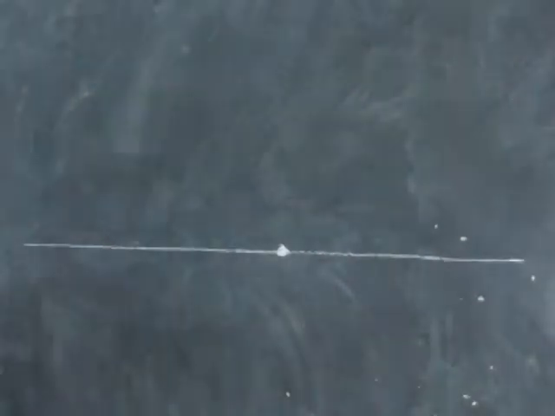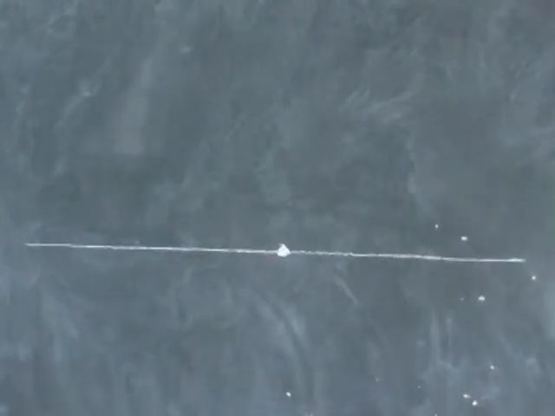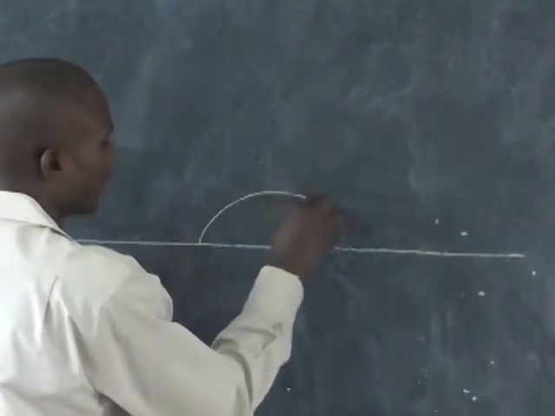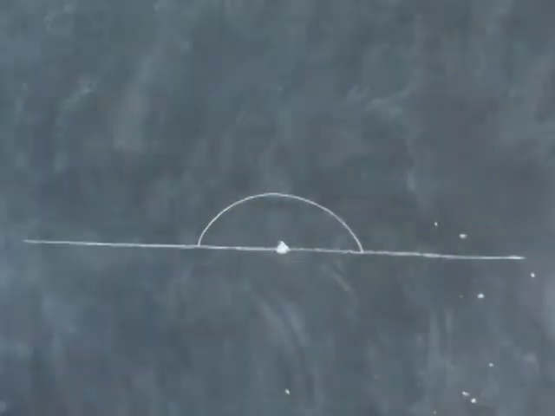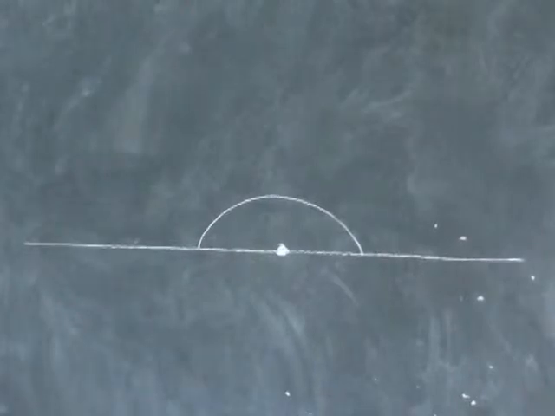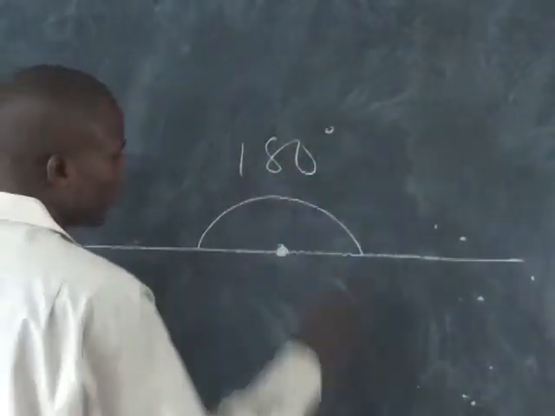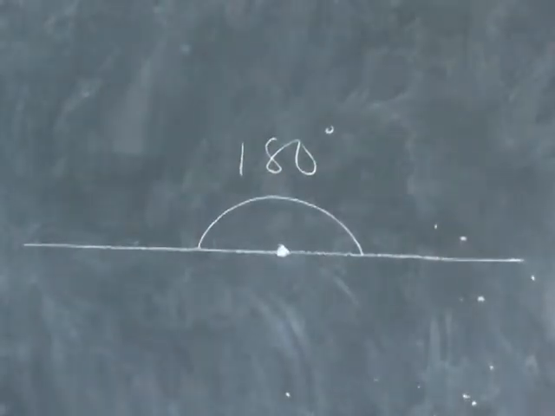Angle at a point. Angle at a point add up to 180 degrees. And that is our angle. Angle on a straight line. Angle at a point add up to 180 degrees.